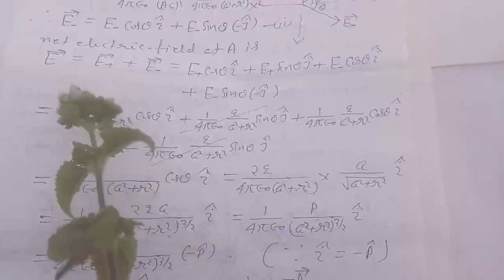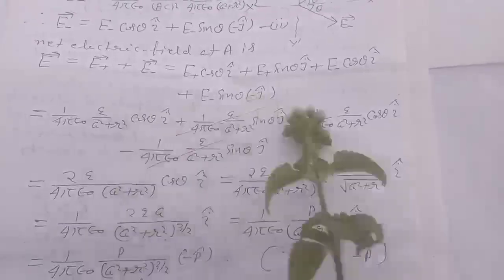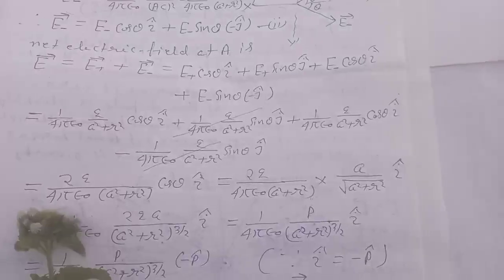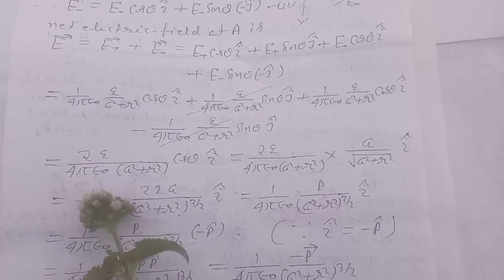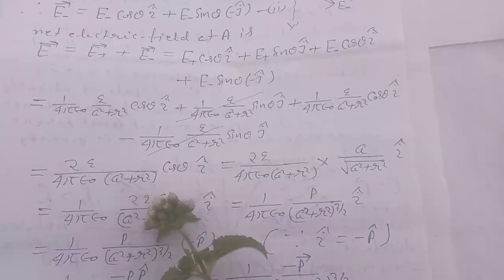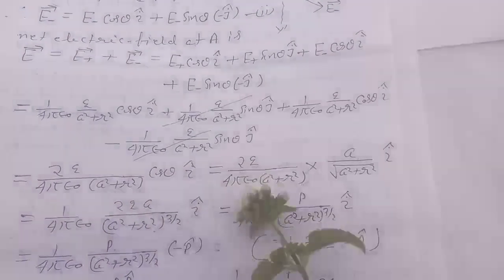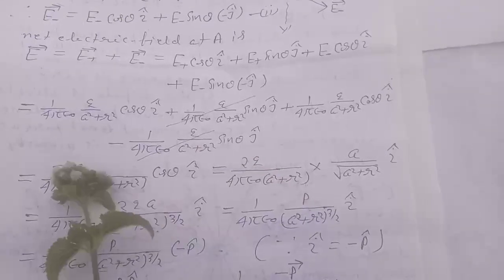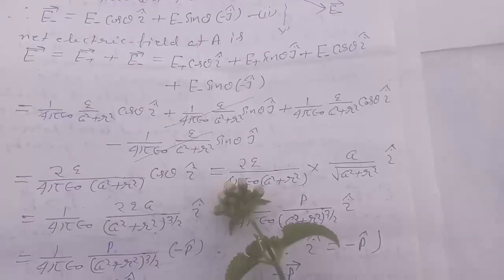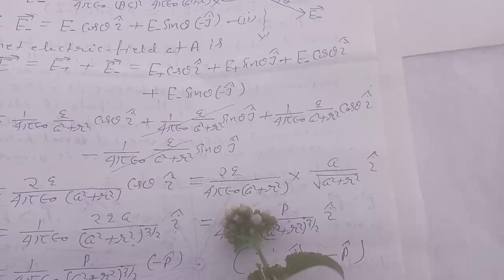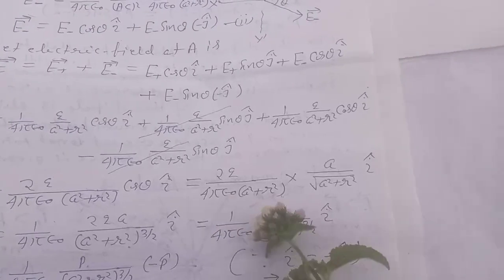So we have, and this will add to each other because both have i cap, equals 2Q by 4 pi epsilon naught into A square plus R square cos theta i cap.